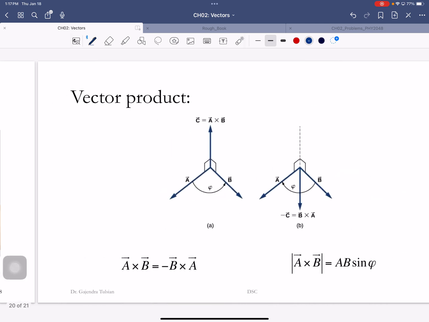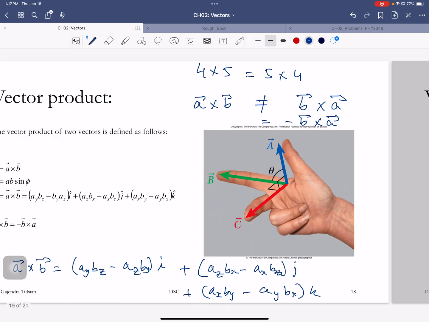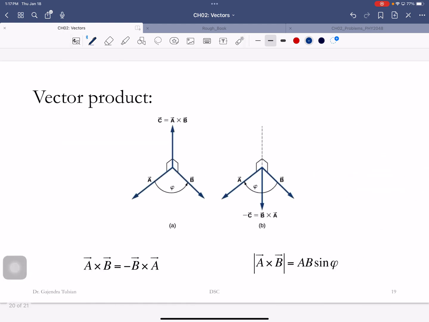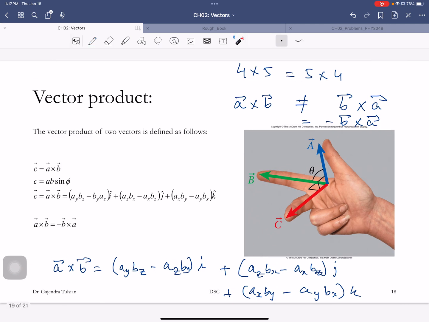This vector product is important enough that I'll give you the products for the unit vectors. Again, let me draw the I, J, K. I cross I is 0. Any vector crossed with itself turns out to be 0. That's easy to see, because if you take the same vector, this would be AY, AZ minus AZ, AY. Every component will be 0.